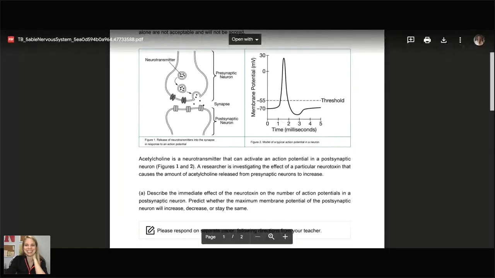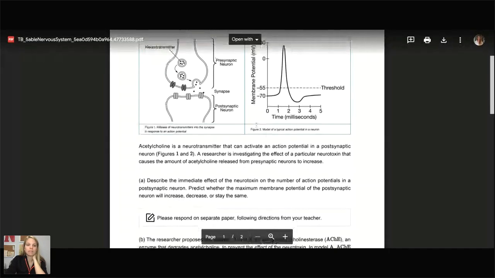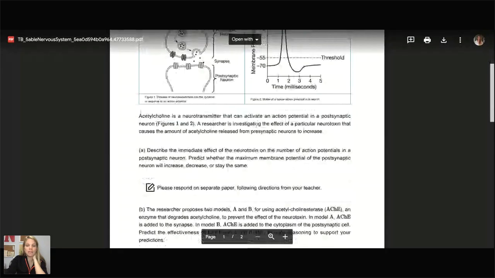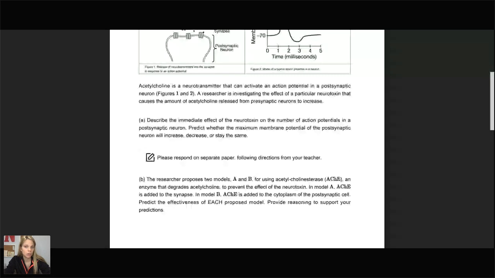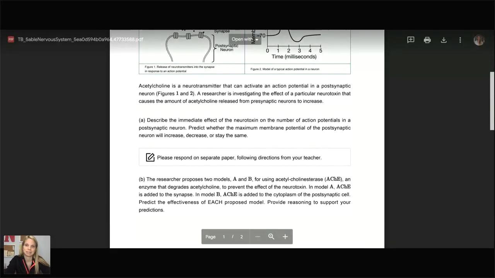So here it says, describe the immediate effect of the neurotoxin on the number of action potentials in a postsynaptic neuron. Predict whether the maximum membrane potential of the postsynaptic neuron will increase, decrease, or stay the same. It's a lot of words, a lot of syllables.